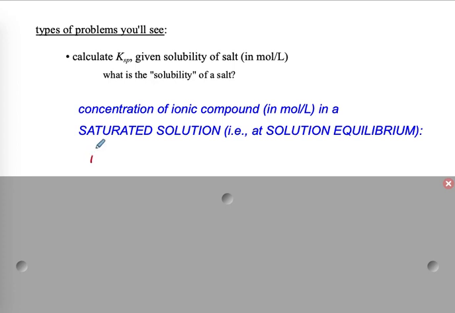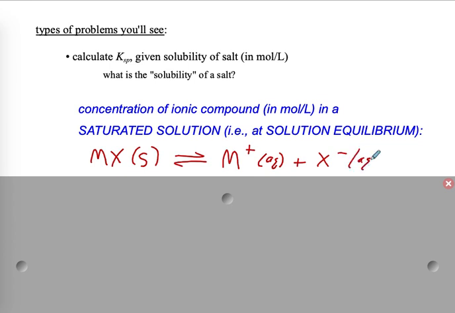So, for example, if I were to write an equation for the dissolution and dissociation of this hypothetical ionic compound, M^+ aqueous plus X^- aqueous, when I have achieved solution equilibrium, I have the solid undissolved ionic compound at the bottom of my beaker, and I have dissolved as much of the ionic compound as I possibly can at that temperature.